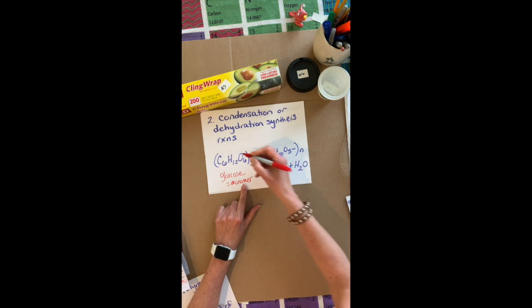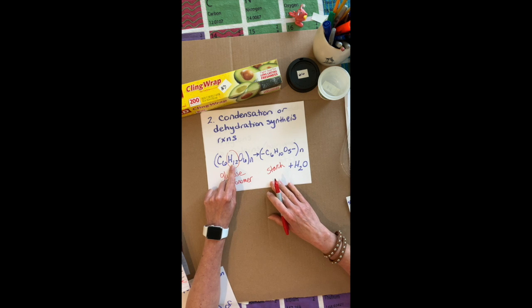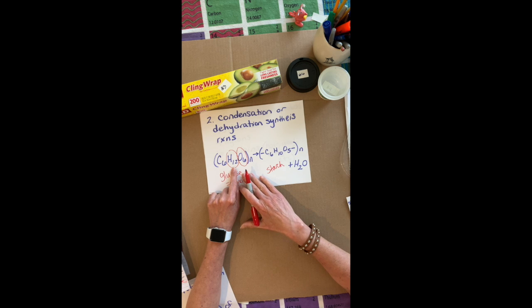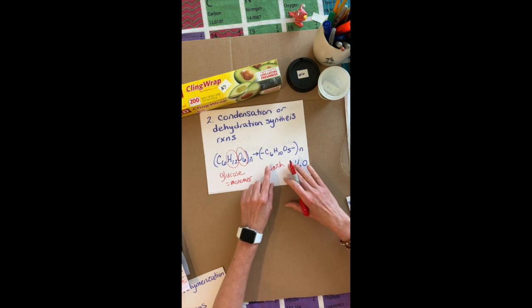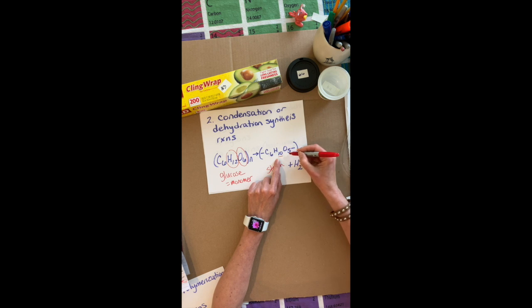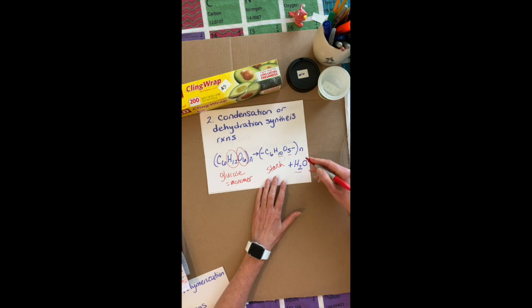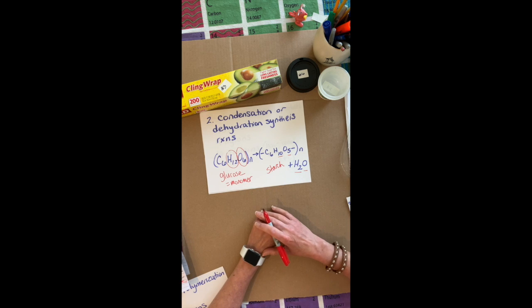So if you look carefully, we had 12 hydrogens and 6 oxygens here. When I link this up with another glucose molecule, I go down to 10 and 5. So 2 hydrogens are removed, 1 oxygen is removed for every link between two molecules of glucose.